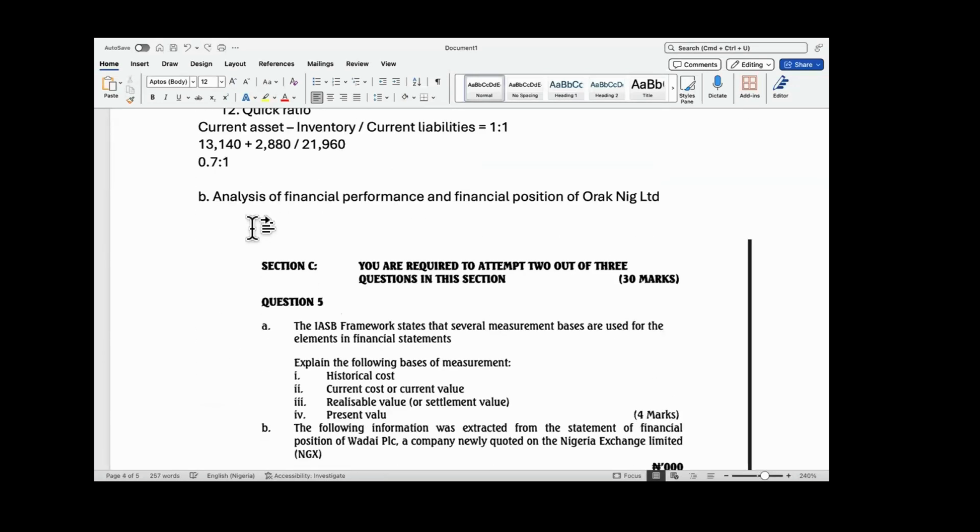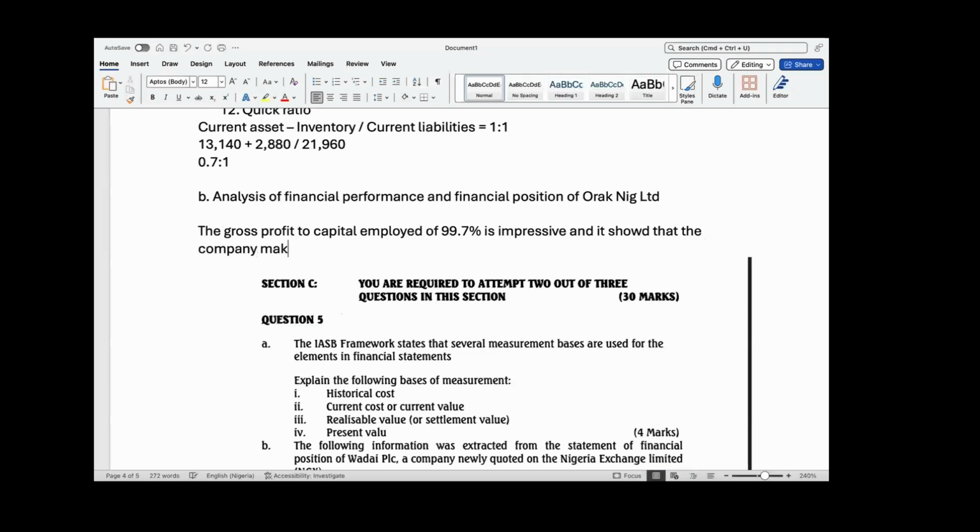I will say the gross profit to capital employed of 99.7% is impressive, and it shows that the company makes huge gross profits on the capital invested by the owners.